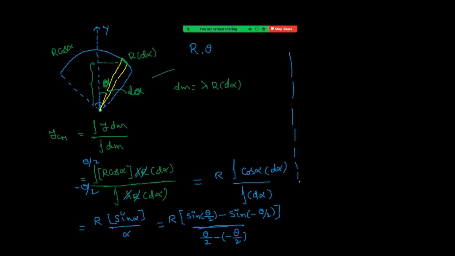So here the major part is taking elements and the corresponding limits. This becomes sine theta by 2 minus of minus, that is plus, 2 sine theta by 2.